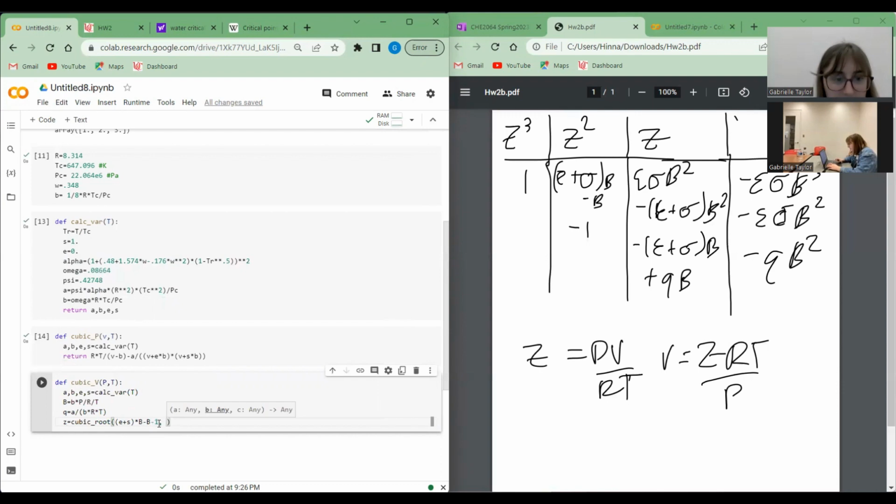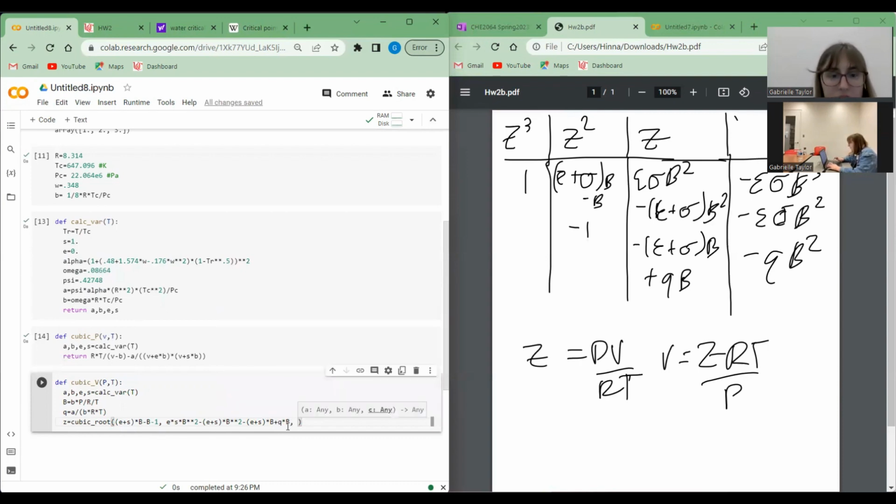And then our next one is going to be epsilon times sigma times beta squared minus epsilon plus sigma times beta squared, minus, plus sigma times beta, and then Q times beta.